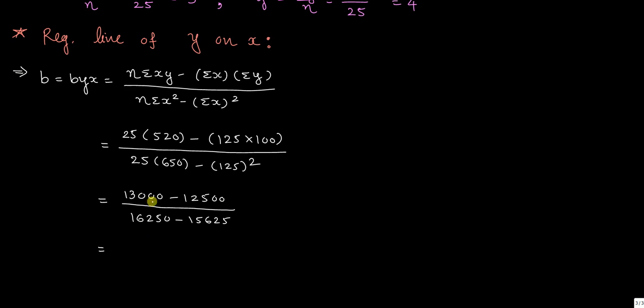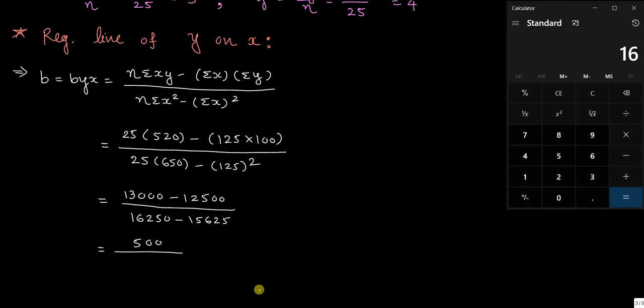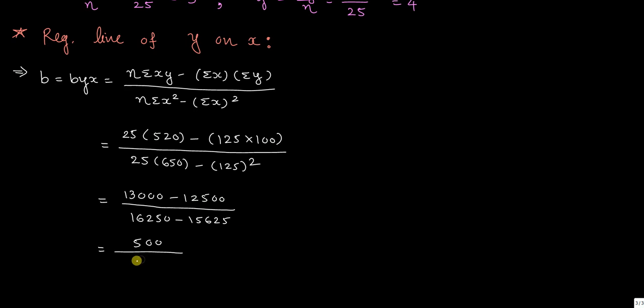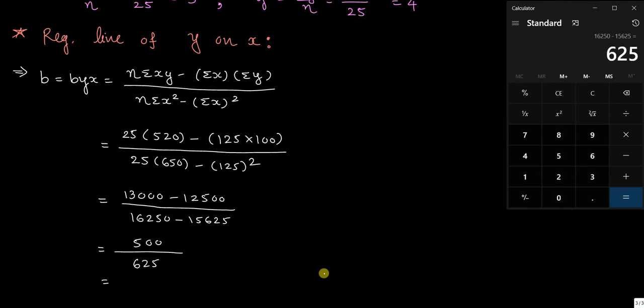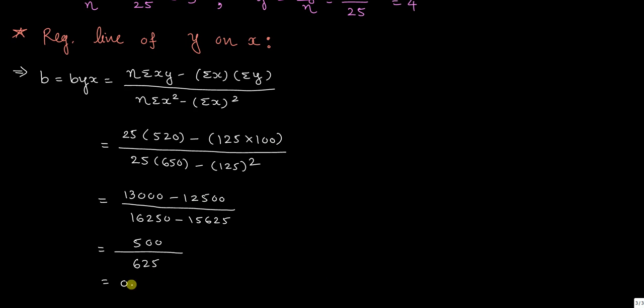Okay, now subtraction of numerator. 13,000 minus 12,500, it is 500 upon 16,250 minus 15,625. Sorry, 625. So 500 upon 625, it gives us 500 divided by 625 equal to 0.8. Okay, so b equal to 0.8.